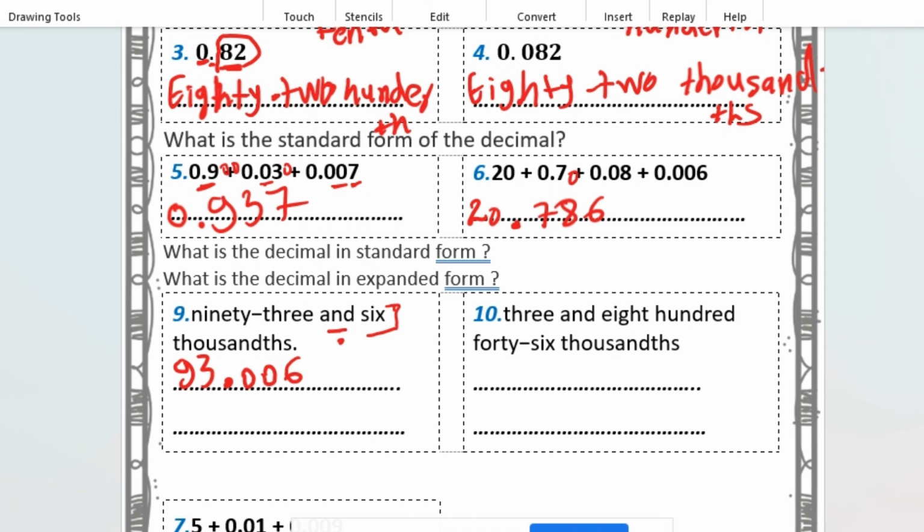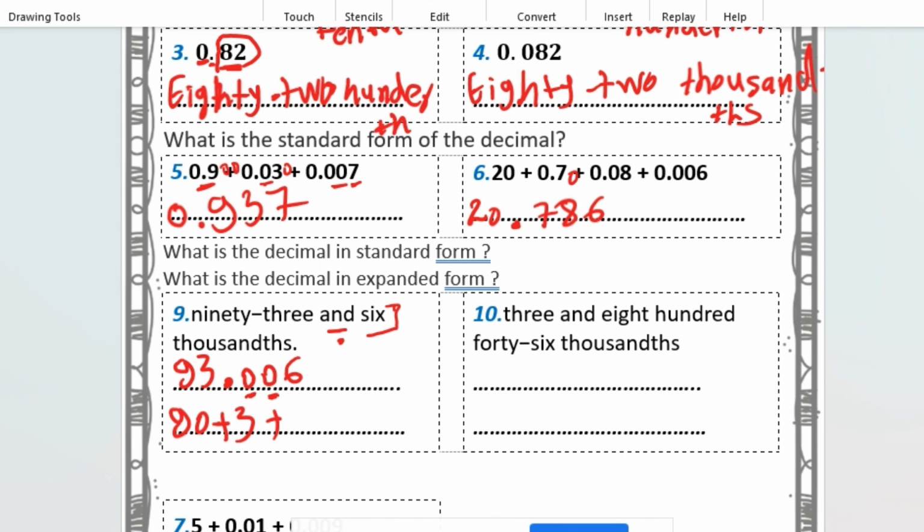Our tens is 90, because here is 9, plus ones is 3. Okay, because the ones here is 3, plus do we have tenth? We don't have tenth because it's 0. Do we have hundredth? We don't have a hundredth because there's 0.